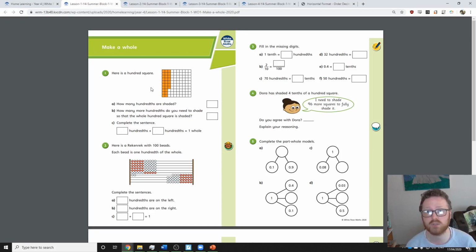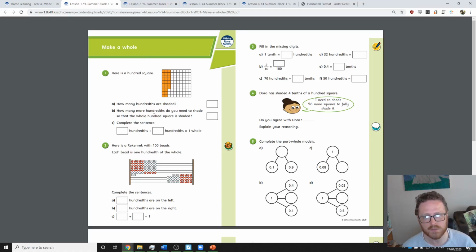Here's a 100 square. Now the whole square has been divided equally into 100 different pieces. So each of these squares is 1/100th.